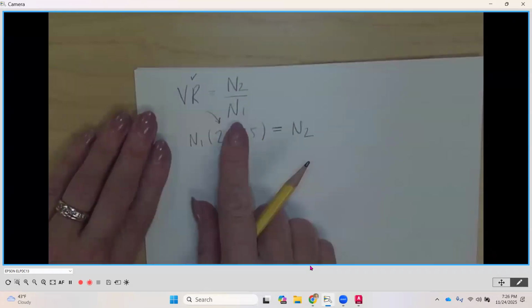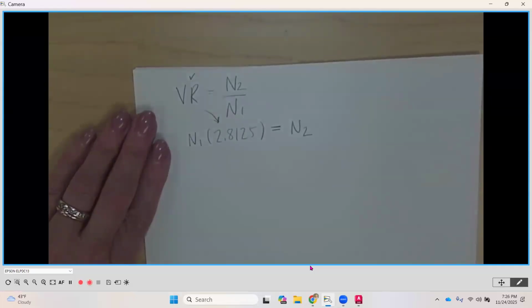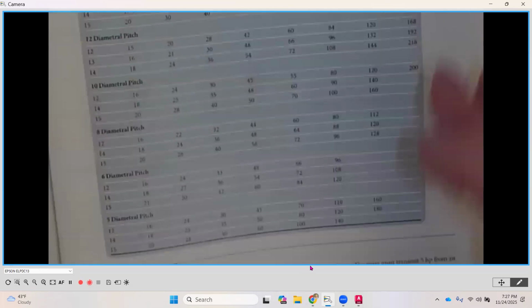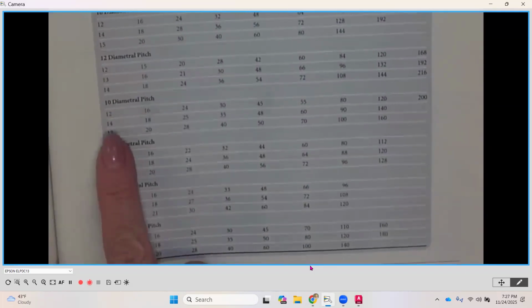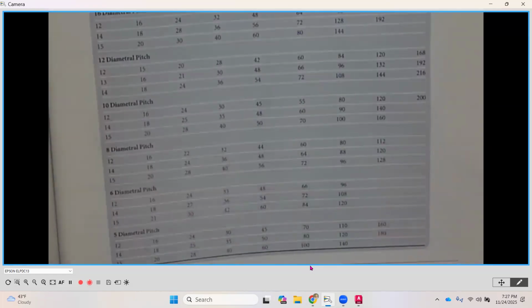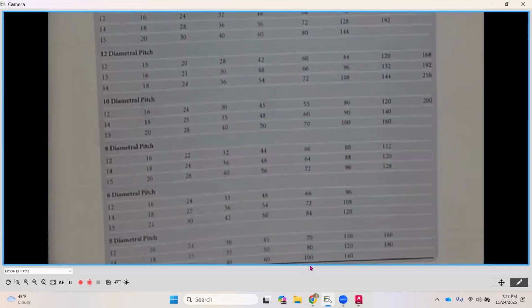All I did was rearrange this, multiplied N1 up. Now I want to open my book to the section where I see diametral pitches of 10. And I'm going to use these numbers to see if I can find a set that gives me exactly two values that come out for me.